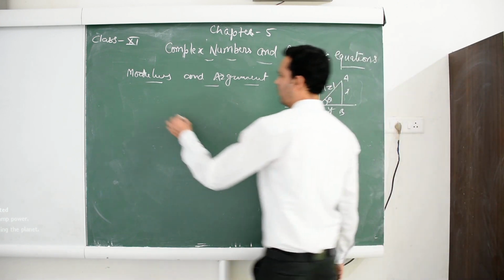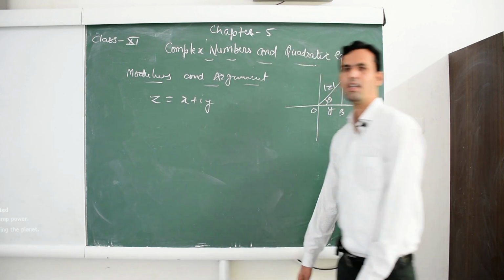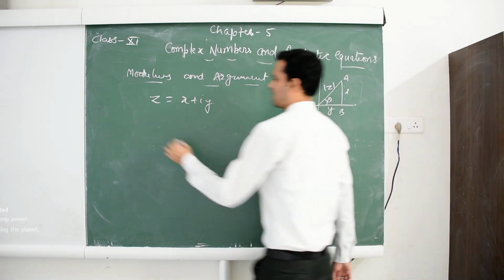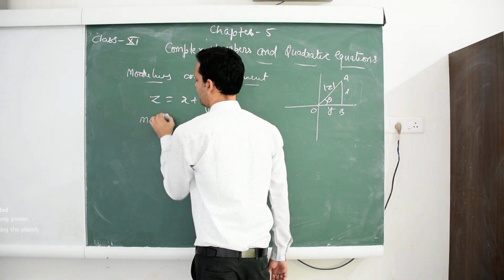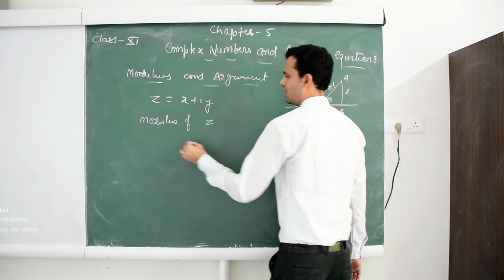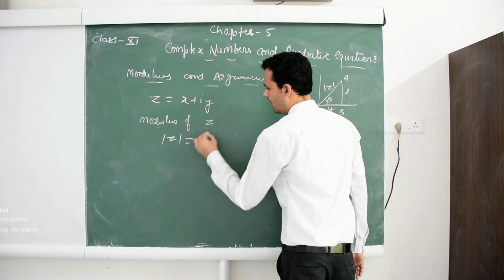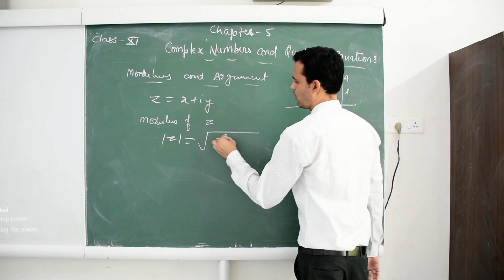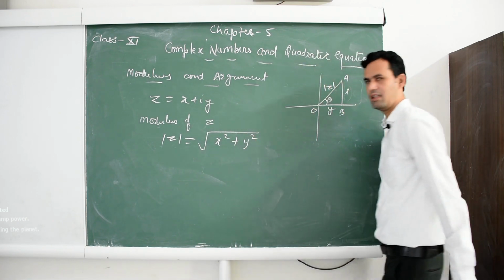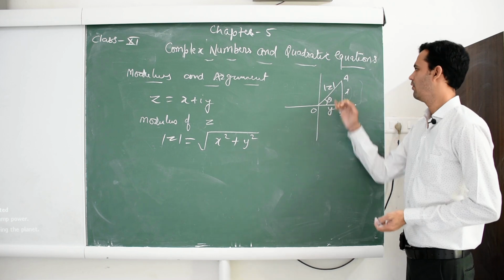If we have complex number x plus iy, the modulus of z is denoted by |z|, z mod, and the square root of x square plus y square is called the value of z.